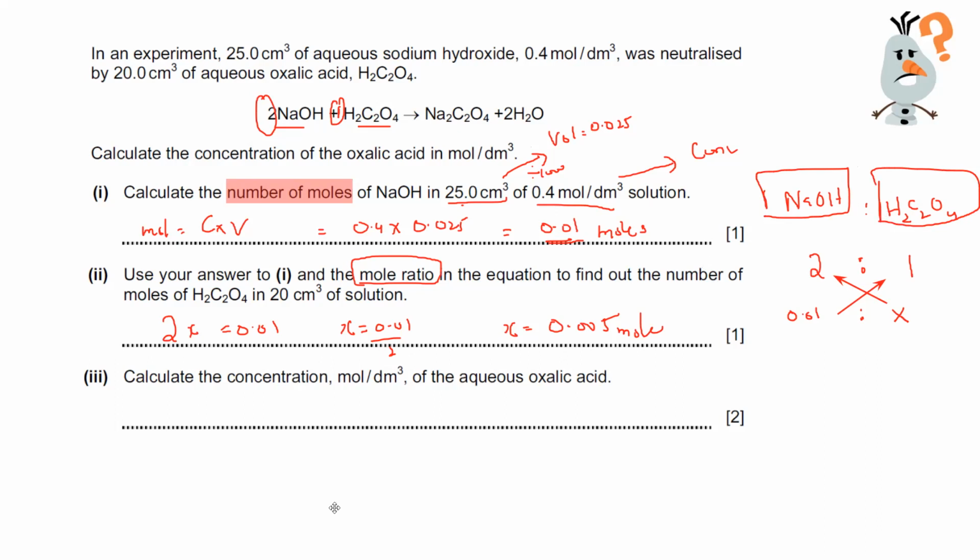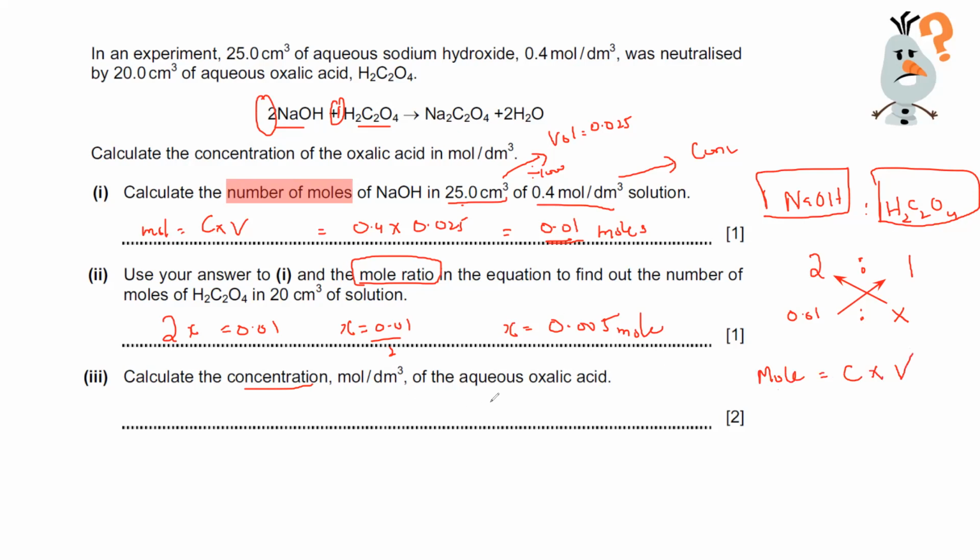Anyone having a question or a doubt in the second part? Then the third part: we need the concentration. The concentration can only be found by using a formula, the one which relates concentration and volume: moles equals concentration into volume.